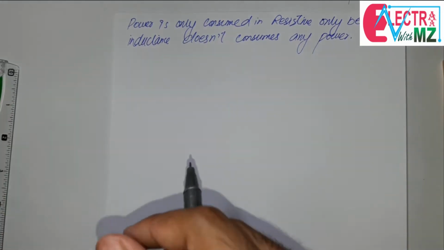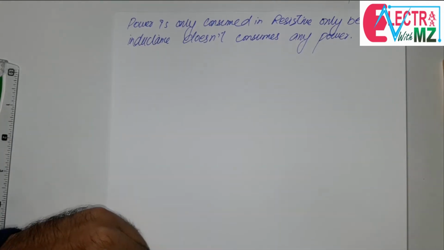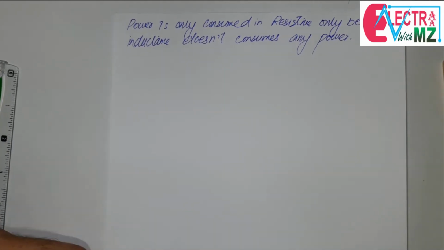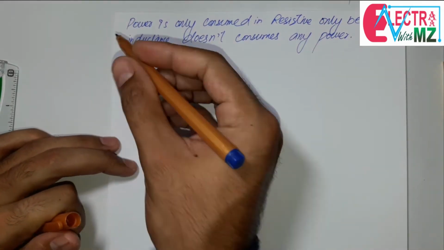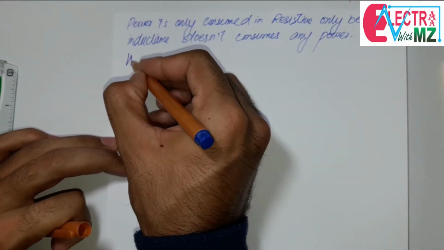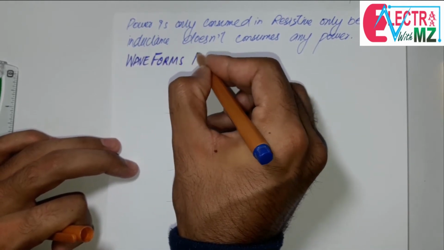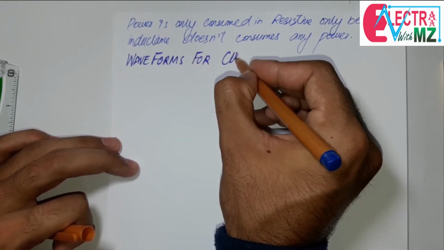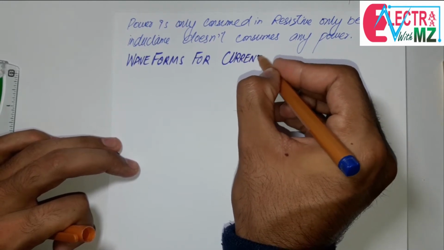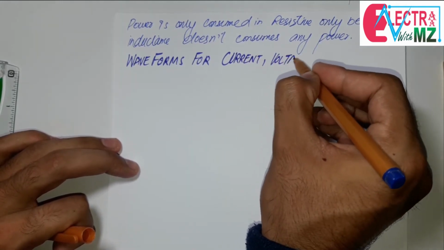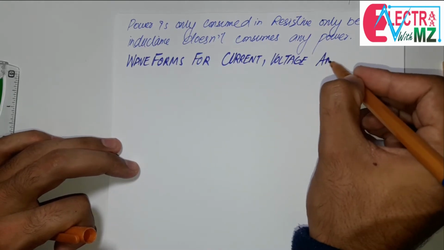Now we draw the waveforms for current, voltage and power.